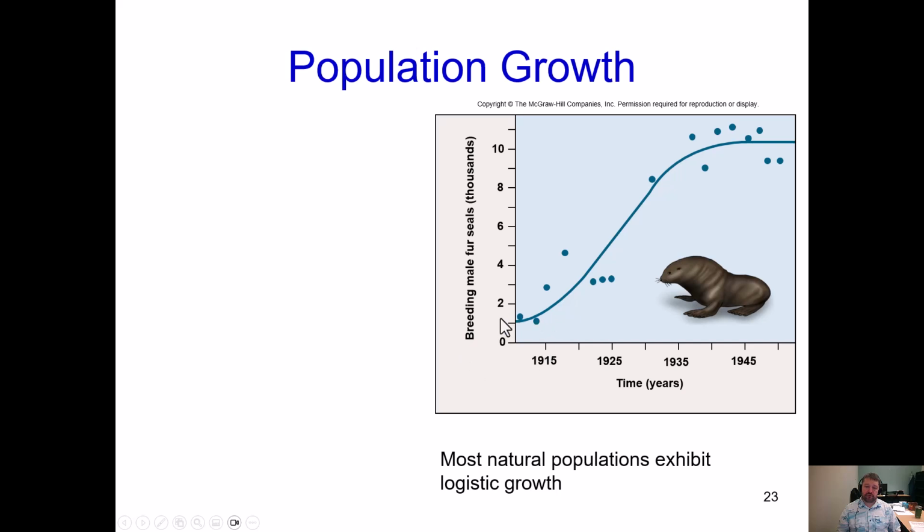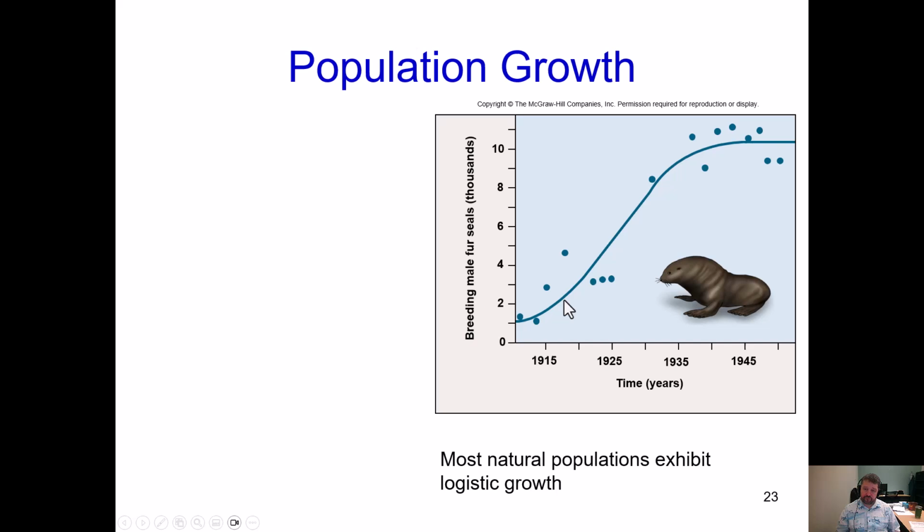And then we started realizing what we were doing, and in the early 1900s we decided we should put a ban on fur seal hunting, because the populations are so low that it might not even be worth doing that. Might not even be worth getting their pelts anymore. And so once that goes into effect, now look at that growth curve.